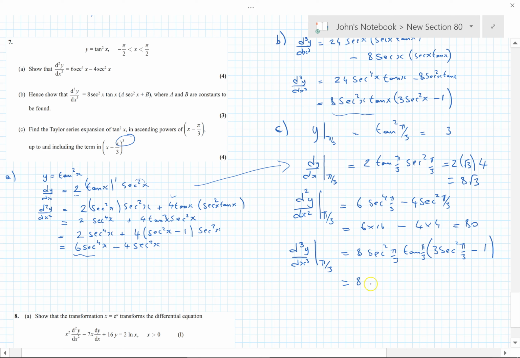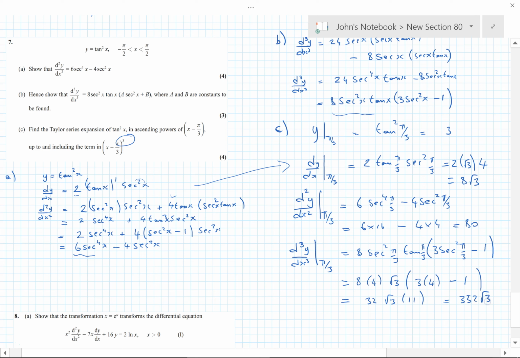Now we've already said that sec pi by 3 is equal to 2, so it's 8 times 4 times the square root of 3, times 3 times 4 minus 1. So 3 times 4, which is 12 minus 1, is 11. So we've got 32 square root of 3 times by 11. Okay, so that's 11 times 32, 352.